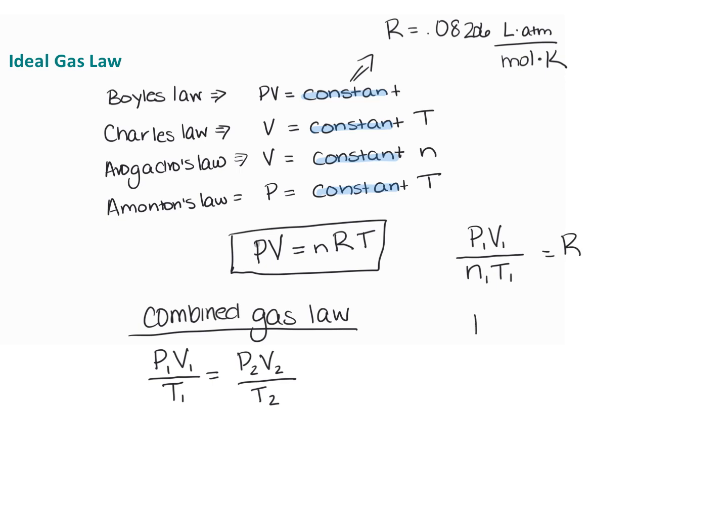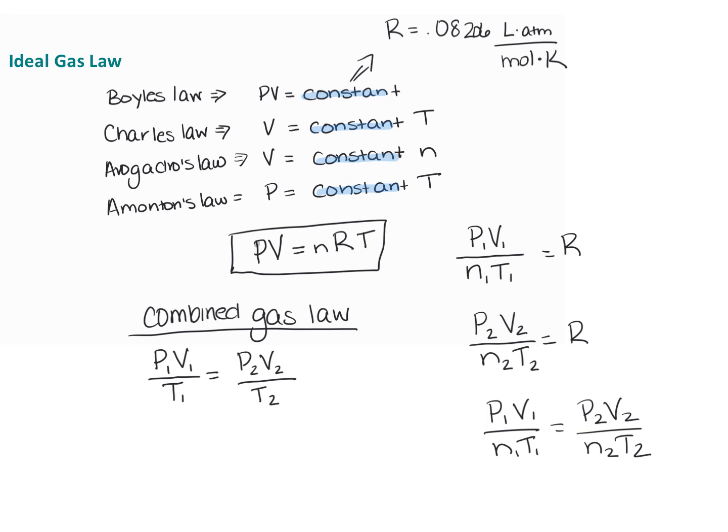And if we have pressure at a second set of conditions and volume at a second set and the number of moles at a second set and the temperature at a second set, that still has to equal R. So you can set these two equal to each other and have P1 V1 over N1 T1 equals P2 V2 over N2 T2. These two equations are going to be the equations that you absolutely need to know. We're going to work some problems with these here in a second.